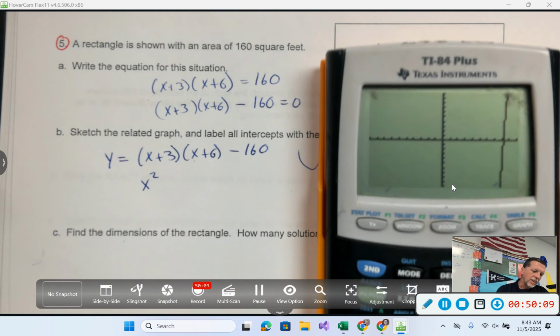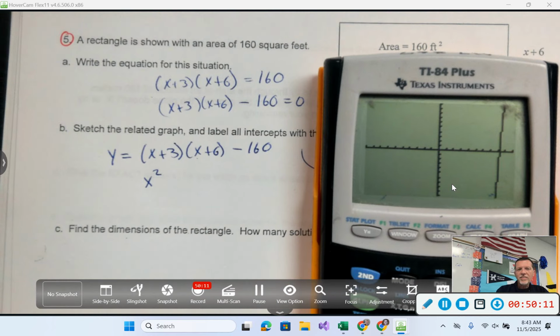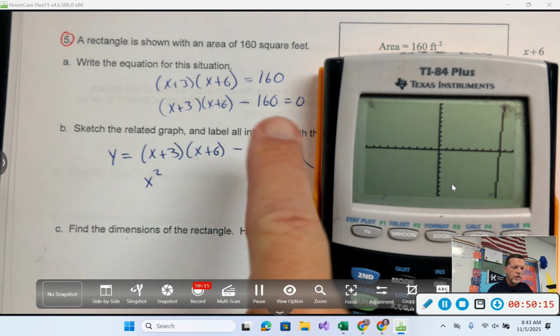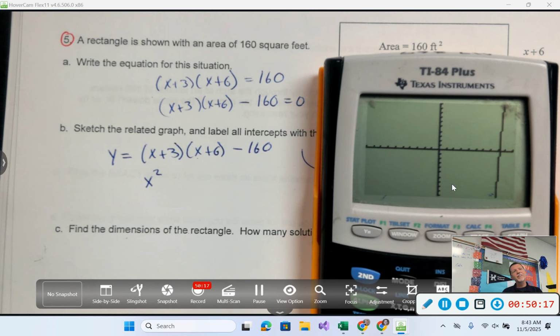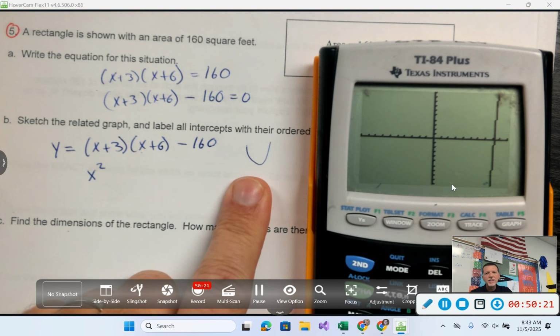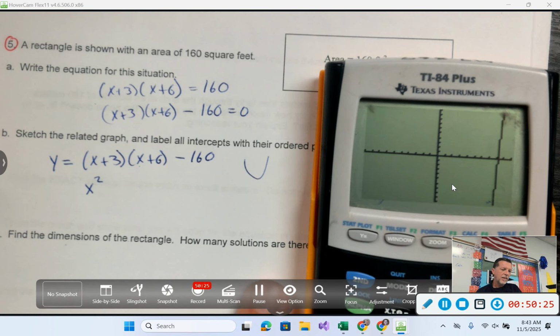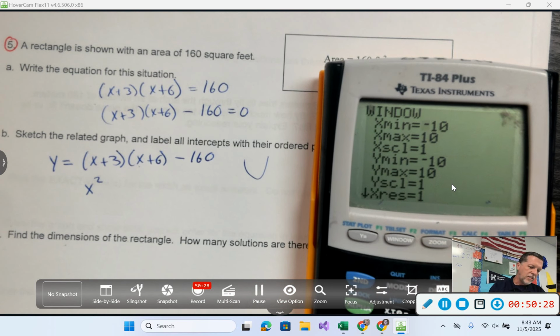I like doing this graphically. Can't see everything. Where's my other 0? Can you tell by looking at this? Is my other 0 over to the left or over to the right? If I know this is an upward parabola, it's got to be over here on the left. I can tell by the way that thing's slanted. So I need to change my x min to more min.